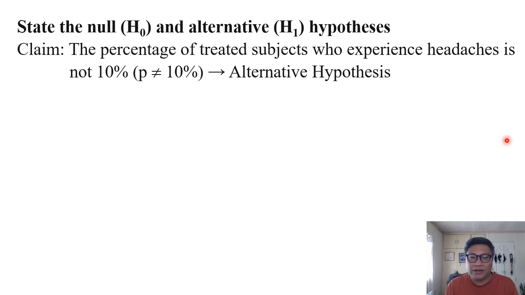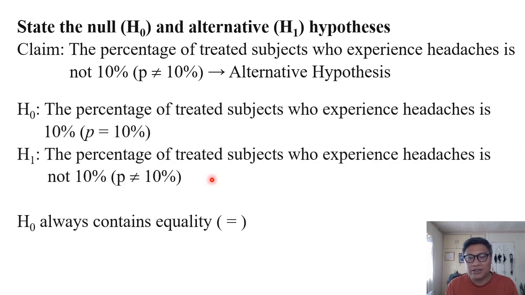Then we can formally write our null and alternative hypotheses, because this is where we are going to write the conclusions later on. Which of these two is the correct conclusion? Again, the null hypothesis always contains equality, so we can rewrite it as: the percentage of treated subjects who experience headache is 10%, while the claim is your alternative hypothesis.